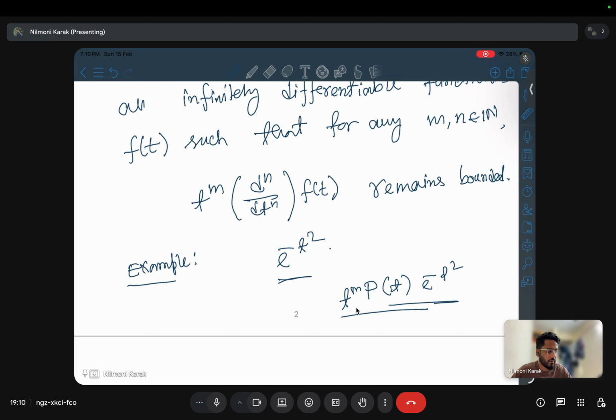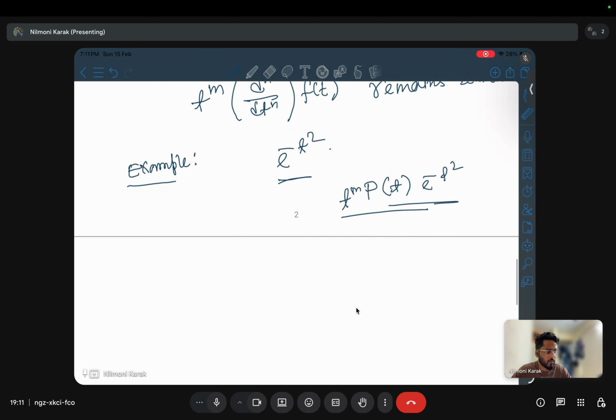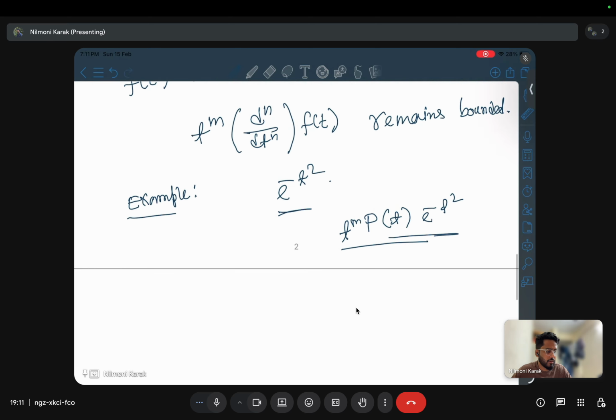Also it is bounded, because e to the power minus t square goes to 0 as t tends to plus or minus infinity.